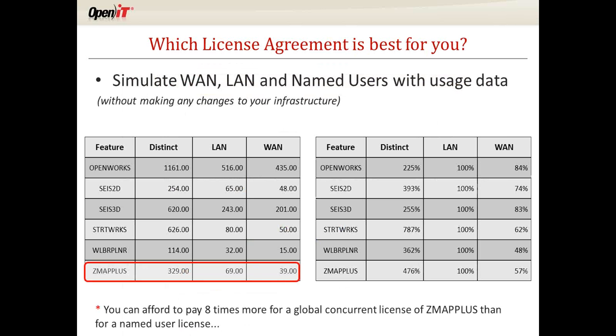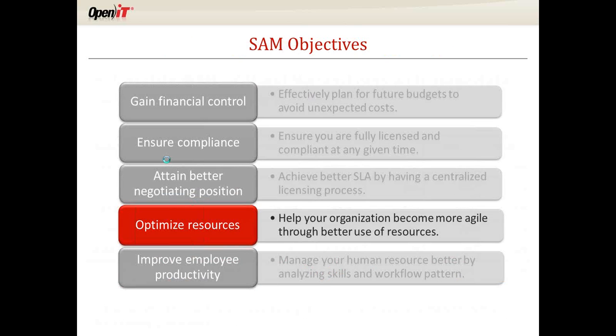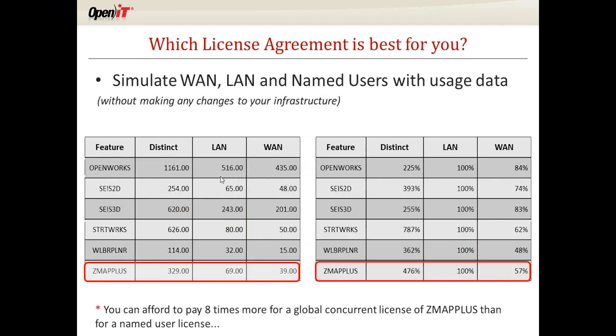This is another example, and we're going to look at this ZMAP where we've looked at the usage as a distinct or named user versus a LAN, how many concurrent LAN users we have, and how many concurrent WAN or global users we have. So you can see there's a huge delta, and on this side we're showing the different percentages.